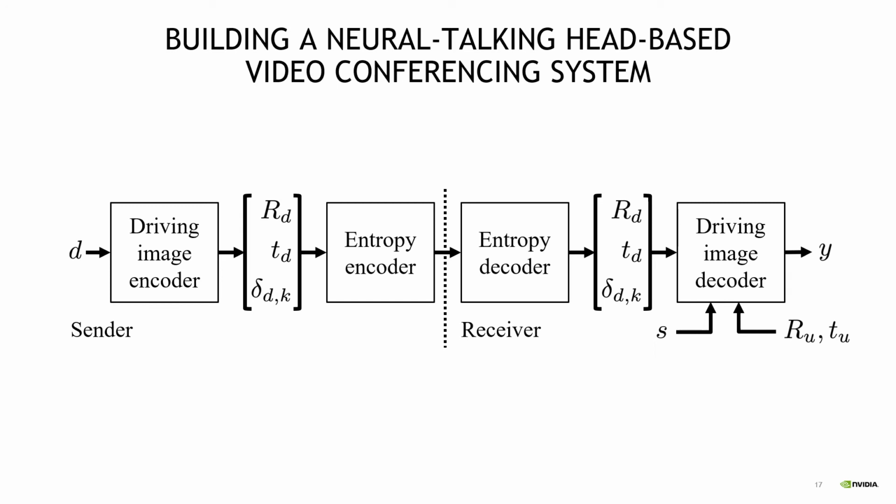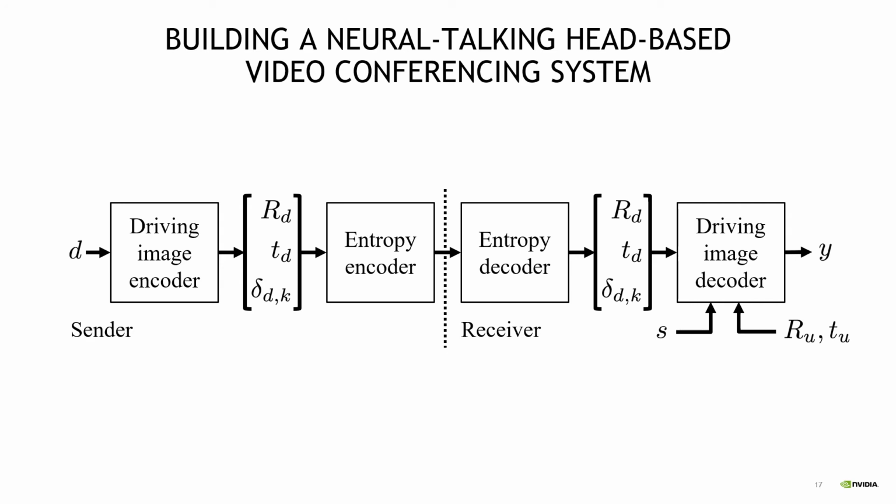Now, for the driving image, instead of coding it using a P-frame, we use our network to extract the expression and head pose information. We extract the rotation and translation of the head pose, and also the expression deformation. This is just a bunch of numbers, and usually we use 20 key points. So there will be 20 key point deformations.